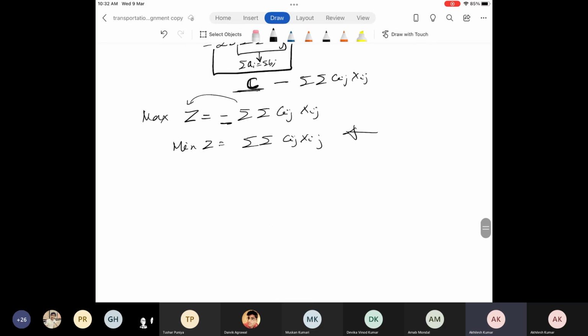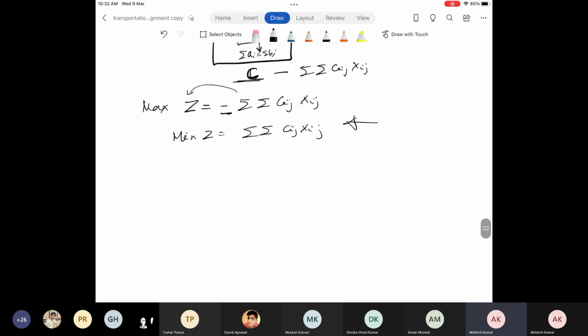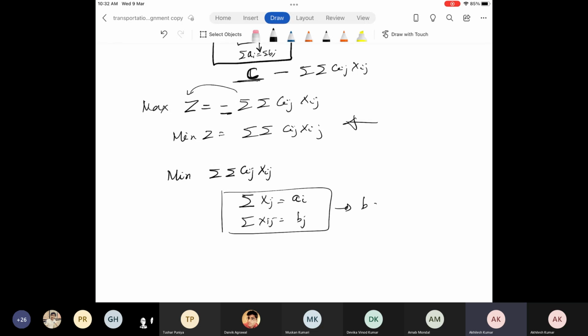Now the last part of transportation algorithms. So far we have worked with the balanced transportation problem: minimize summation Cij Xij, subject to summation Xij equals Ai and summation Xij equals Bj.